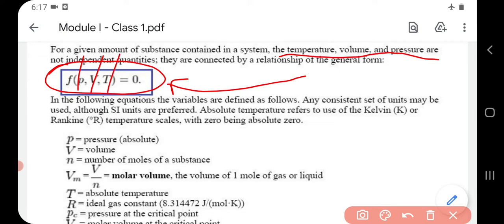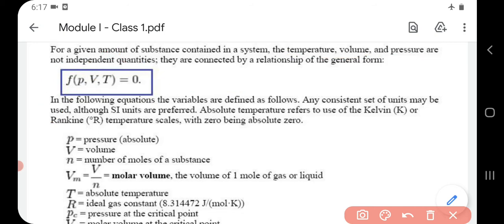Almost all gases will follow this equation of state, so this is the general expression for equation of state for a gas. Absolute temperature refers to the Kelvin scale, with 0 being absolute zero.